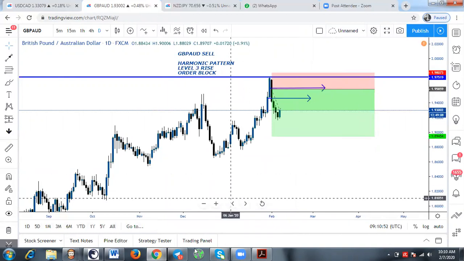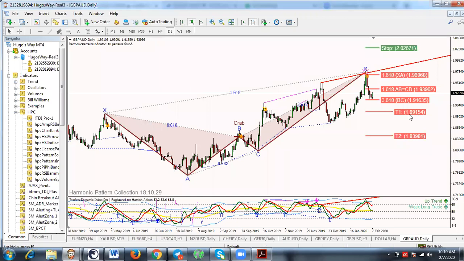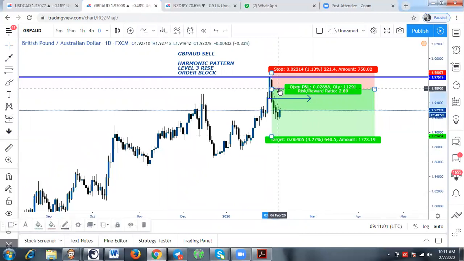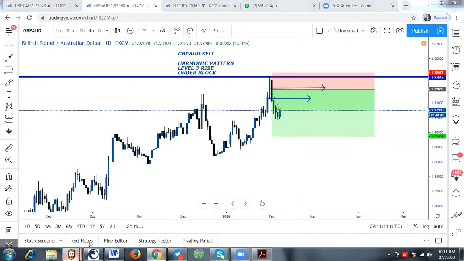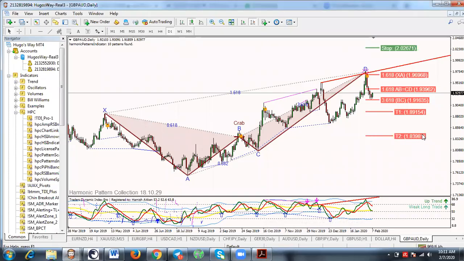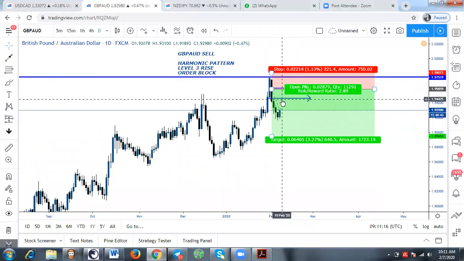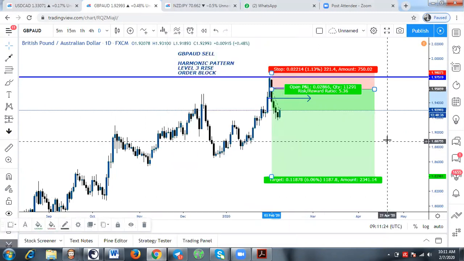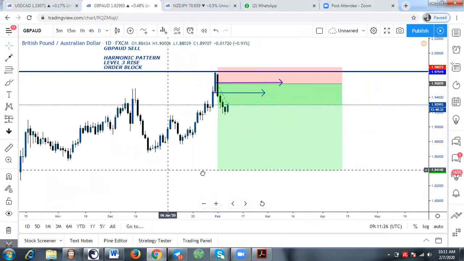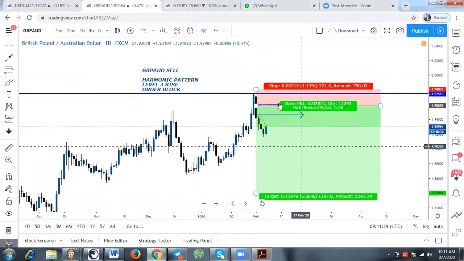We'll take TP2. 1.83981. That 1.83, that's huge. 1.83981. Anyway, it's a daily time frame. 1.83981. All right, so this would be GJ setup, sell setup.